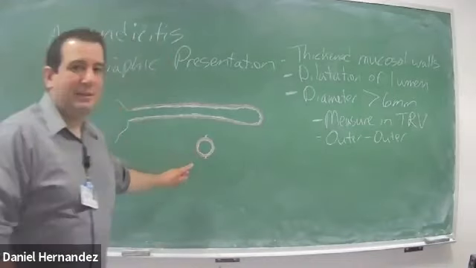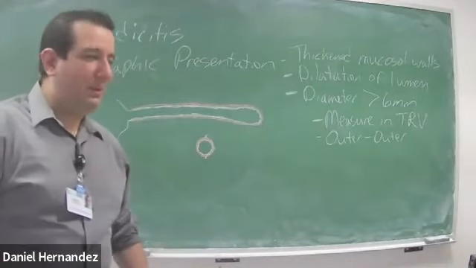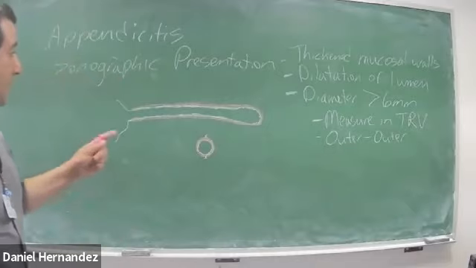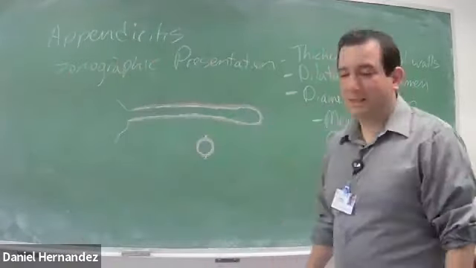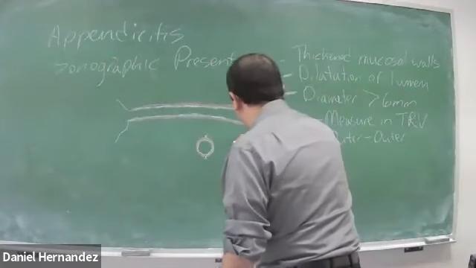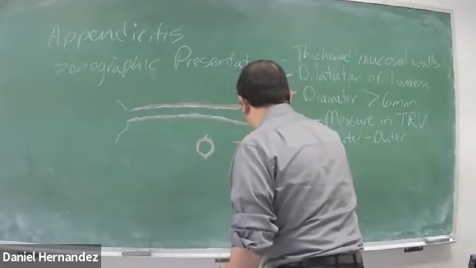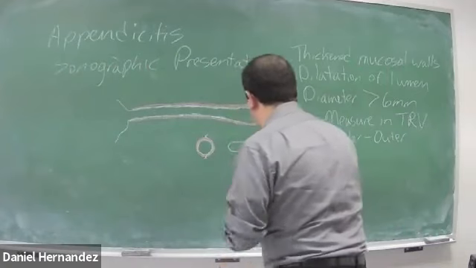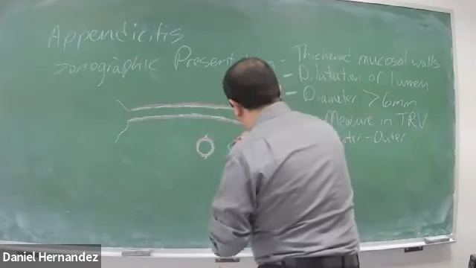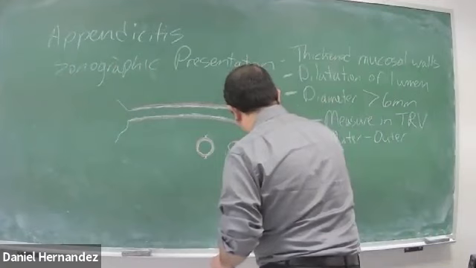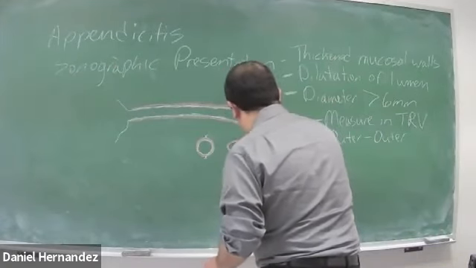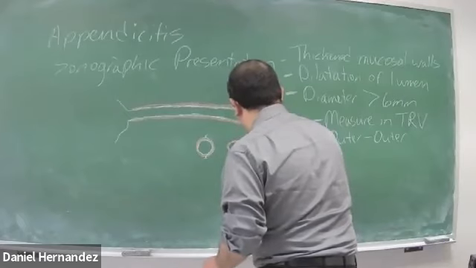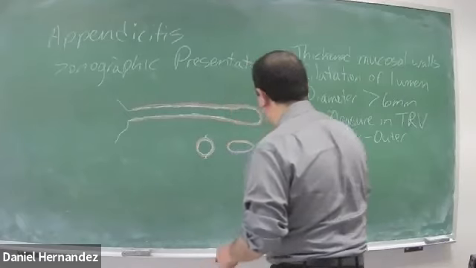The only caveat that I discovered is if the appendix has ruptured, it's going to look like a flat tire. So you'll get something that may look like that. I actually got tripped up on this when I was scanning one patient.